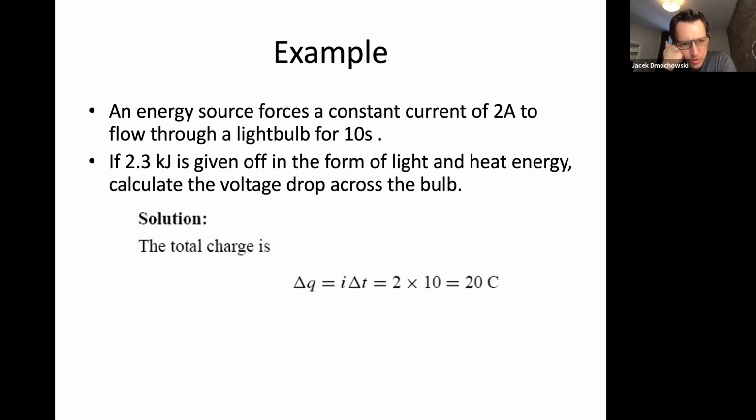So the units of volts are joules per coulomb. That should help you, right? It's not per time. Current is per time. Voltage is per coulomb, right? So voltage is how much energy is applied per unit of charge. So we have this much energy and this much charge. So how much voltage do I have?